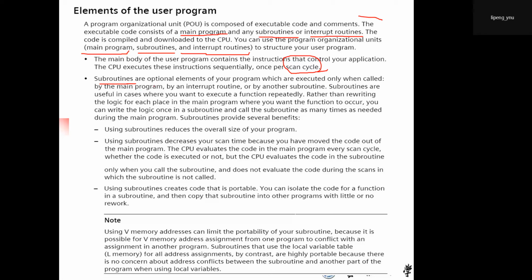Subroutines are useful where you want to execute a function repeatedly rather than rewrite the logic at each place in the main program where you want the function to occur. You can write the logic once in a subroutine and call the subroutine as many times as needed during the main program.